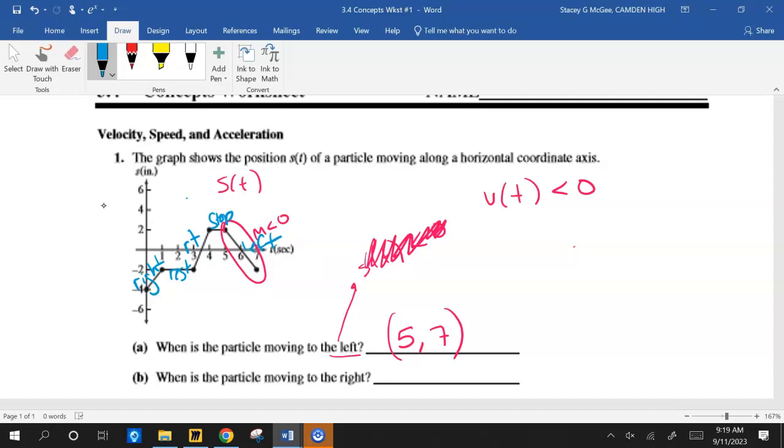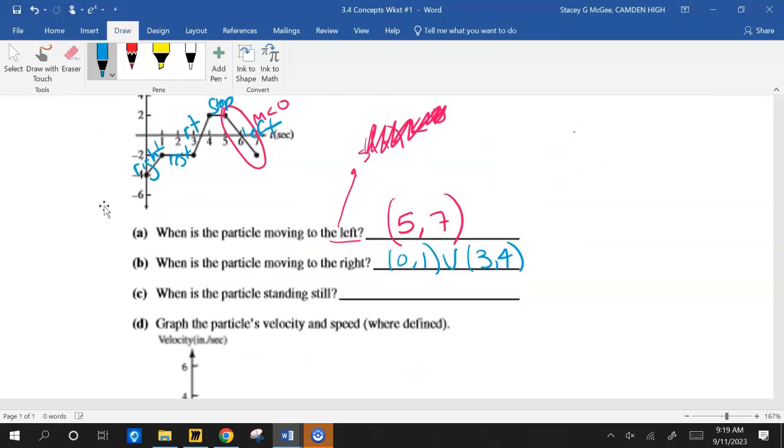If velocity is 0, I'm not moving, I'm just stopped. When it's positive, I'm moving to the right, and when it's negative, I'm moving to the left. So when am I moving to the right? 0 to 1, 3 to 4, and then 1 to 3. Y'all are getting this. 4 to 5.